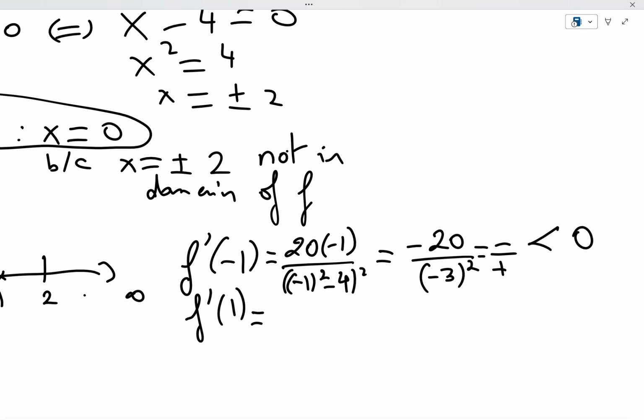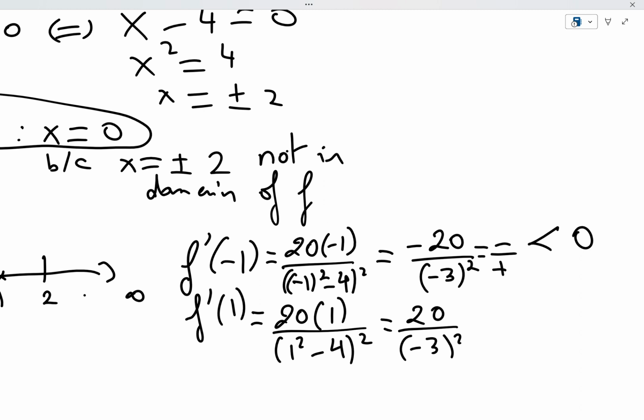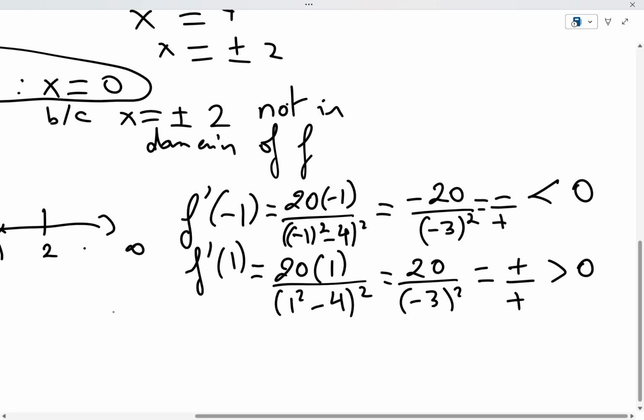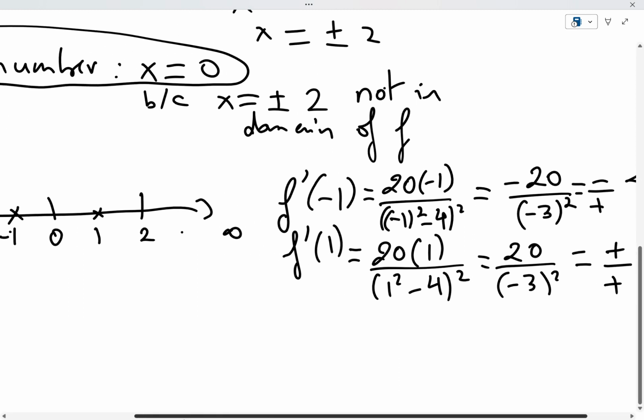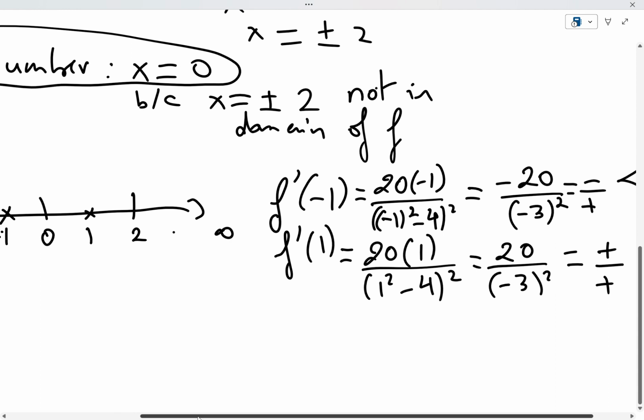And similarly, if we evaluate the derivative at x equals 1, we have 20 over -3 squared. So again, this time it's a positive over a positive. That means the derivative is positive. So remember, positive derivative means positive slope. Negative derivative means negative slope.